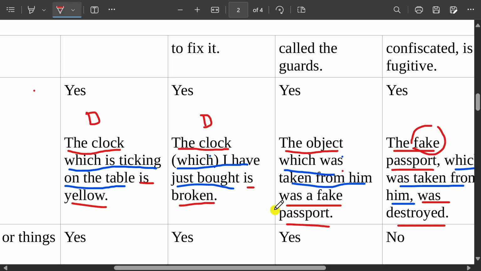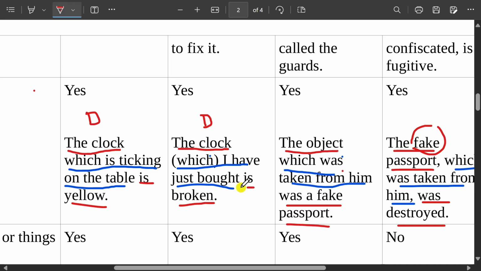If the clocks, many clocks, of different colors. You bought many clocks of different colors. Defining or non-defining? You could talk about the plural and still be defining. For example, the clocks I have just bought. I have bought many clocks, for example.